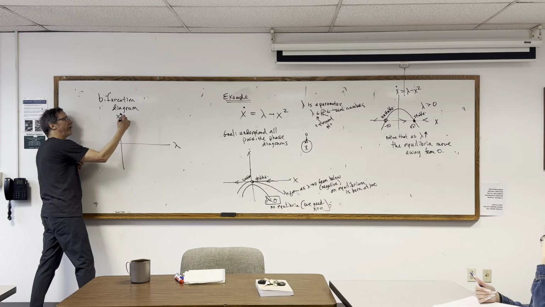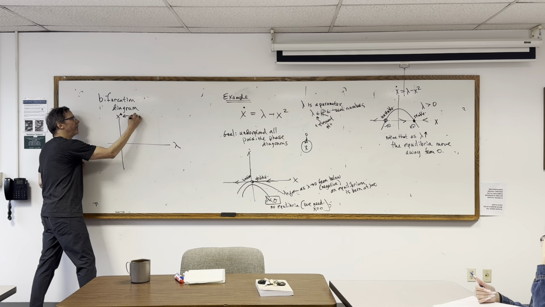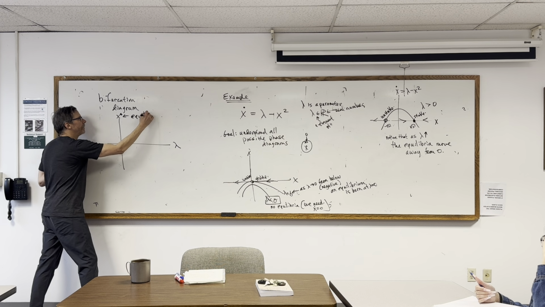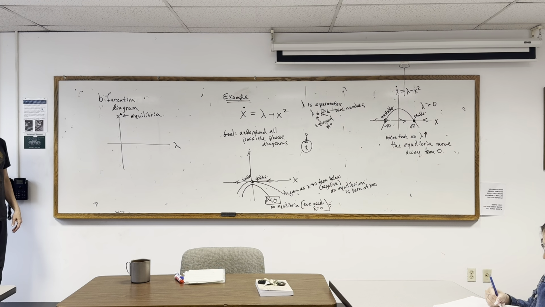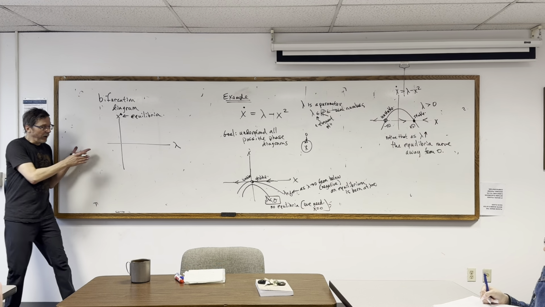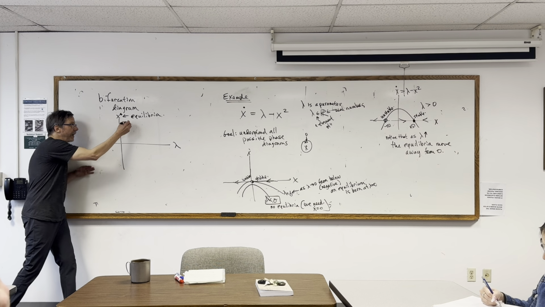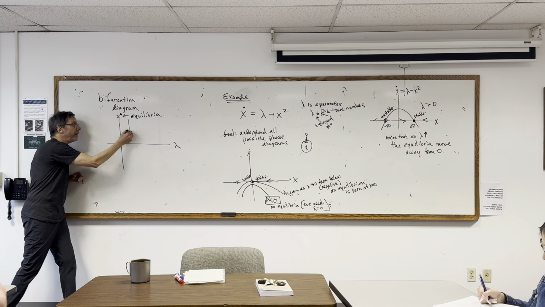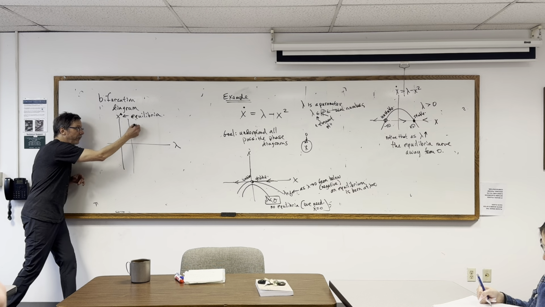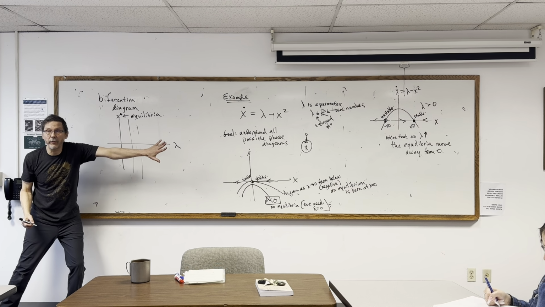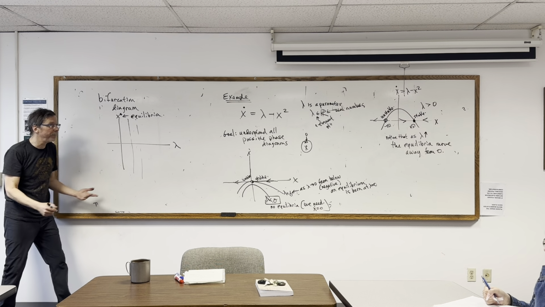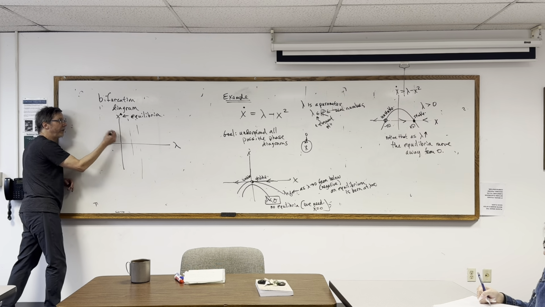So I'm going to put x star here, and this just denotes equilibrium. Notice here, I have the progression, and each slice of this is just one of those lines. Each of these vertical slices is one of those pictures for the corresponding value of lambda. Out here, there's nothing because this is where lambda is less than 0.